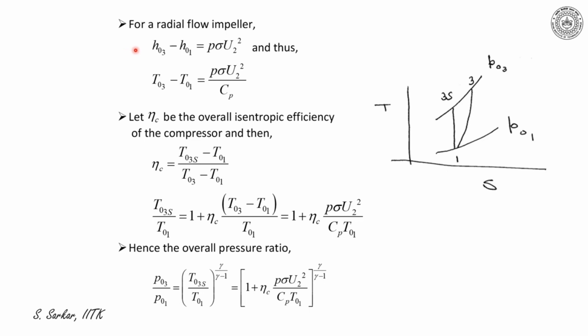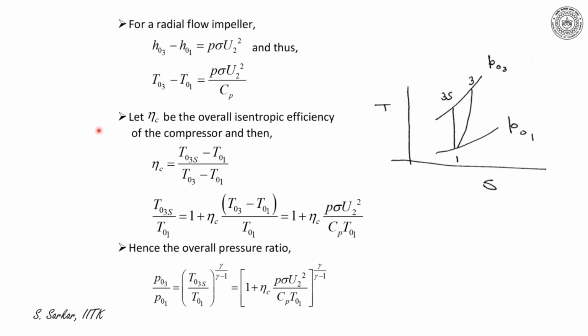From here, I can write T03 minus T01 is equal to P sigma U2 squared divided by Cp. T03 minus T01 represents the actual temperature rise during the process of compression.